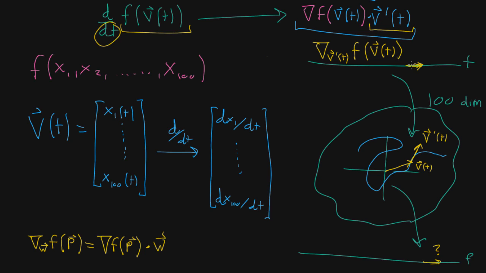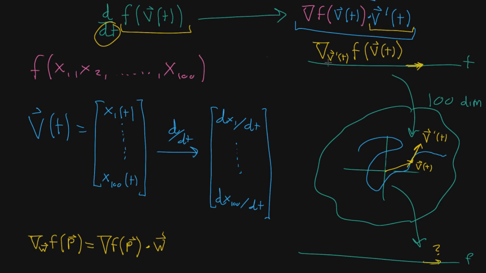At a given point, that tiny nudge in t causes a change in the direction of v prime of t. That's the whole meaning of this vector valued derivative. You change t by a little bit, and that tells you how you move in the output space. But then you ask, I've moved a little bit in this intermediary 100-dimensional space, so how does that influence the output of f, based on the behavior of just the multivariable function f? Well, that's what the directional derivative is asking.